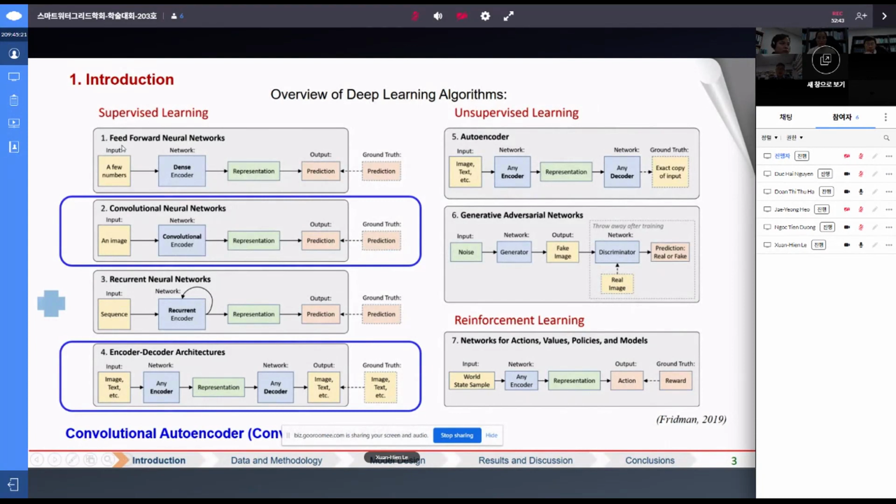In supervised learning, there are neural networks, for example, feedforward neural network or ANN, convolutional neural network, recurrent neural network, for example, LSTM, GRU, and the last is encoder-decoder architecture. In my study, I propose a deep learning model that is a combination of the convolutional neural network and encoder-decoder architecture for correcting the bias of satellite precipitation data.